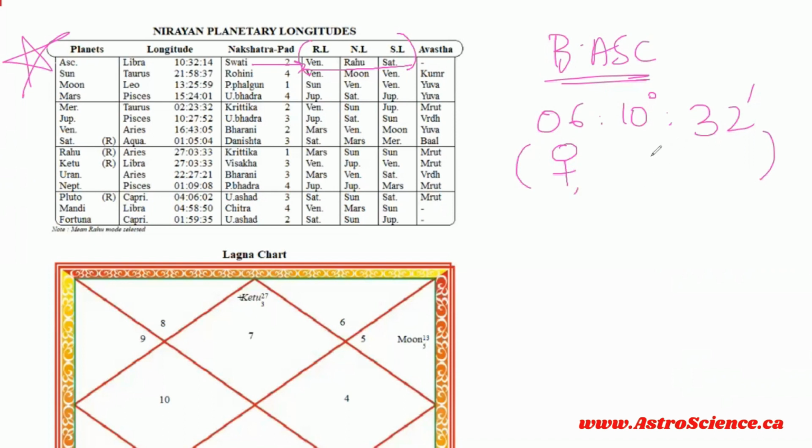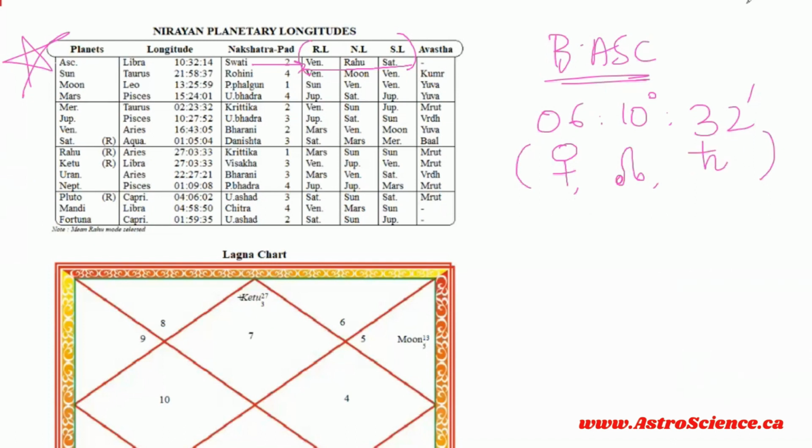Libra is at 10 degrees, which means at that time it's the Swati Nakshatra. Swati Nakshatra comes at around 10 degrees. So hence Rahu as the Nakshatra Lord, NL, is mentioned. And then after that, Saturn would be the sublord.